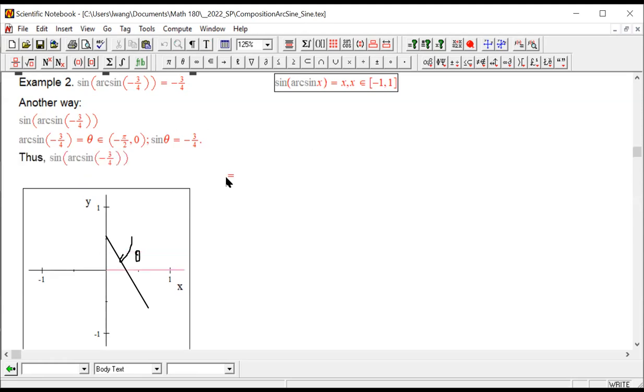This piece is going to be the way theta was set up. You guys saw that. So this piece is theta. So this is going to be sine theta. And what is sine theta? Sine theta is negative 3/4.